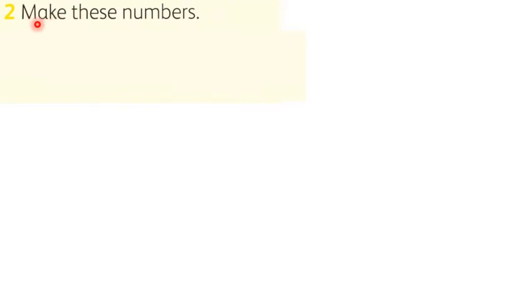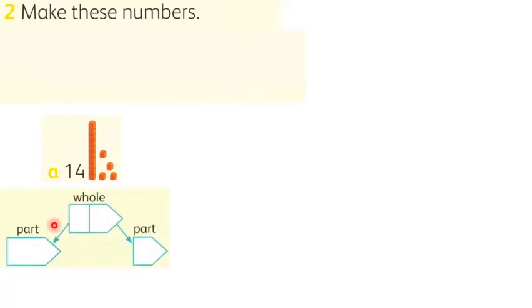Number 2. Make these numbers. So let's start with A, 14. So our whole number is 14. We split it into tens and ones. So 1 ten here and 4 ones. B, 16.